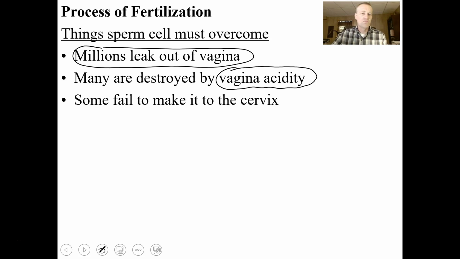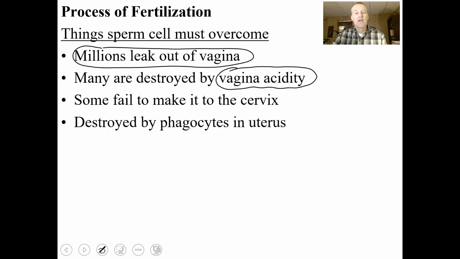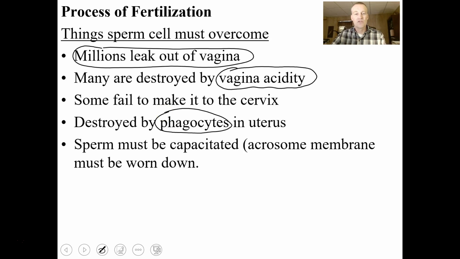So, of course, lots of them will fail to make it to the cervix, which is the entrance to the uterus, and some of them are actually destroyed by phagocytes in the uterus if they do make it there. Before they can fertilize an egg cell, the sperm cells have to be what we call capacitated.